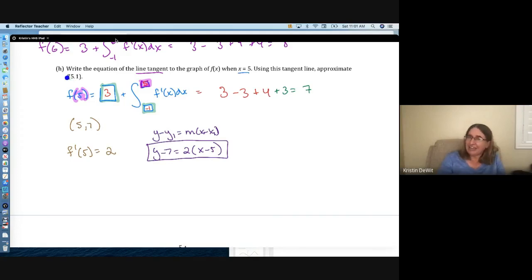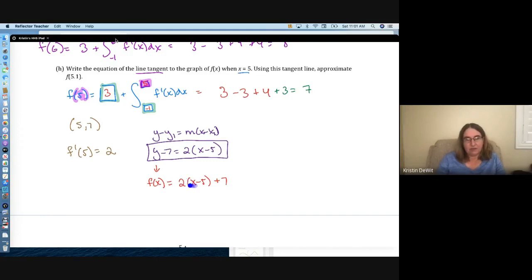So when they ask us to use a line to approximate, that's when I change the y. I like to say, all right, well, we know that y is the same as f of x. And then I would clean it up a little bit. I'd leave it like that and then add that 7 over to the other side. I don't distribute this.